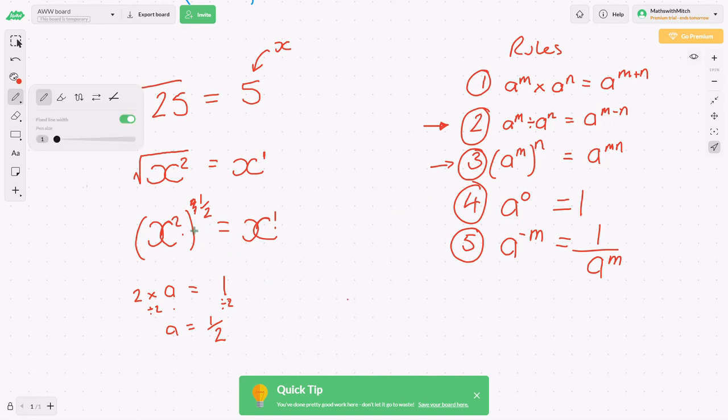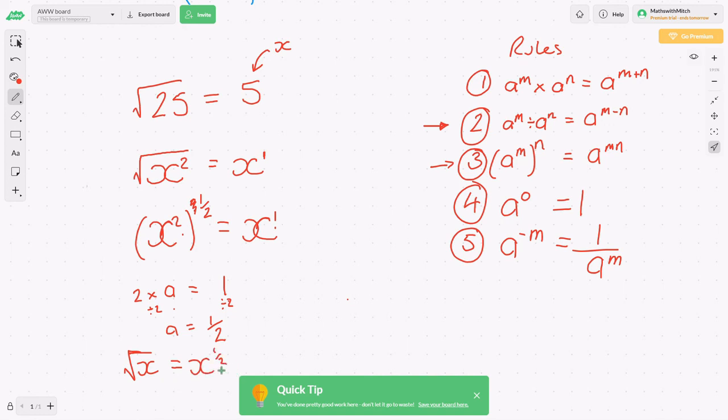Therefore, what we've shown there is if you square root something, that is the same as putting it in a bracket and raising it to the power of half. So we can therefore say that the square root of x is equal to x raised to the power a half.